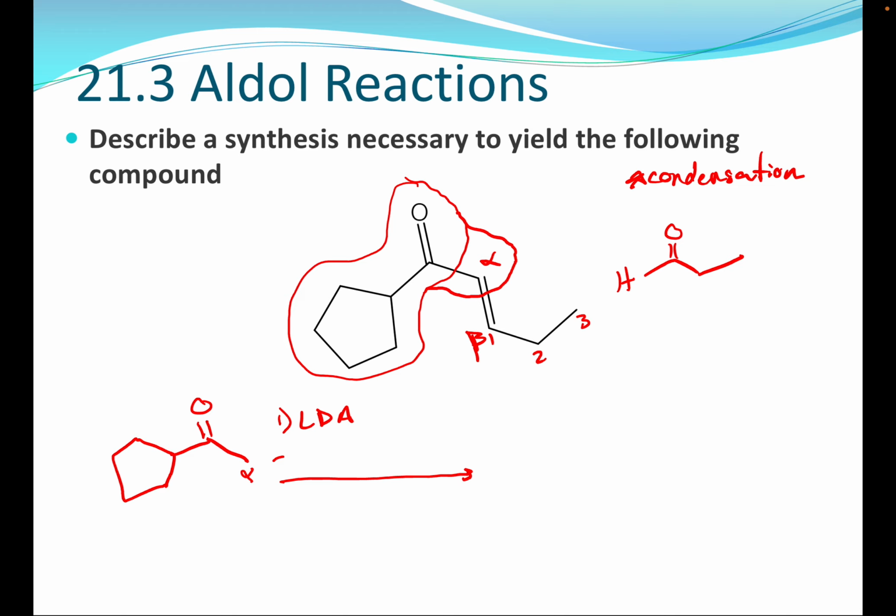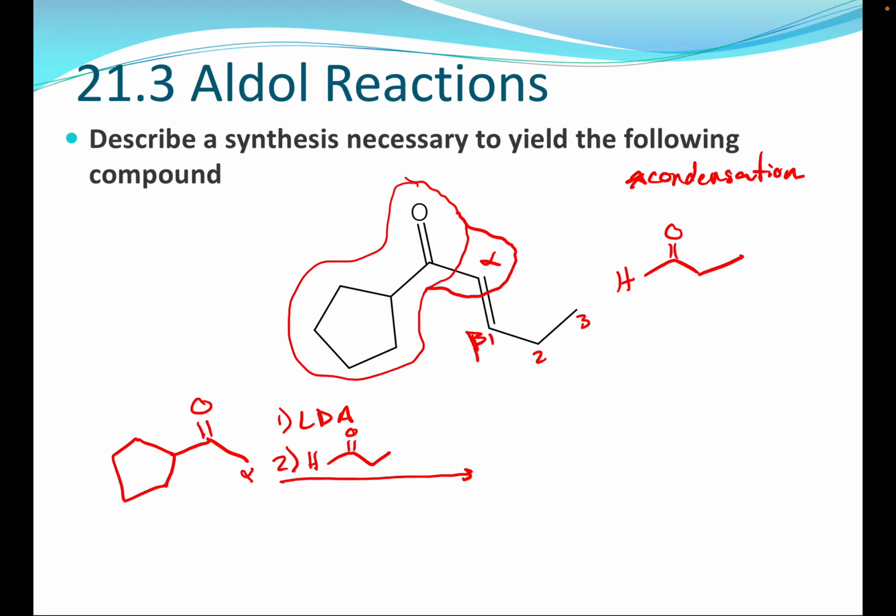Then we introduce the second aldehyde. Now, when we're using LDA, sometimes you will see a temperature written next to it. Usually it's something very cold, like negative 78 degrees C. That is the temperature that you can achieve by mixing acetone with dry ice or solidified CO2.